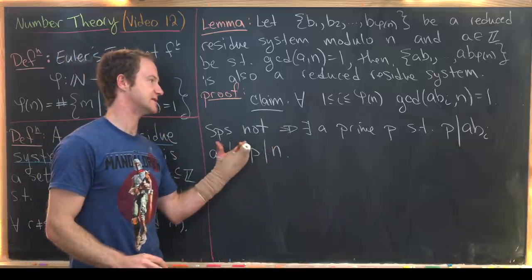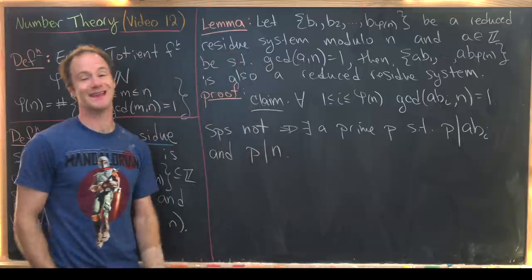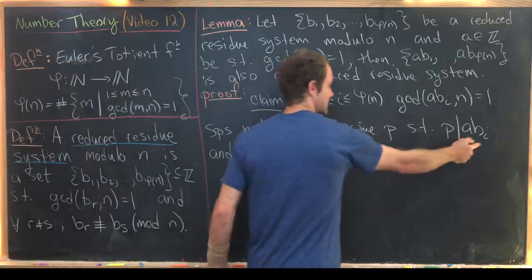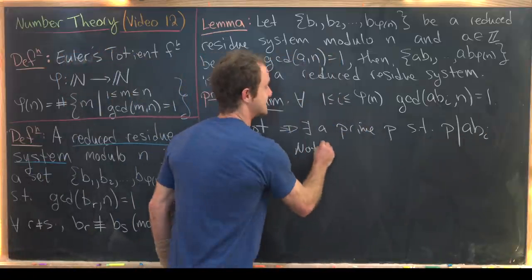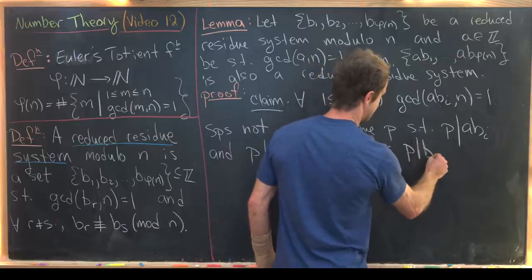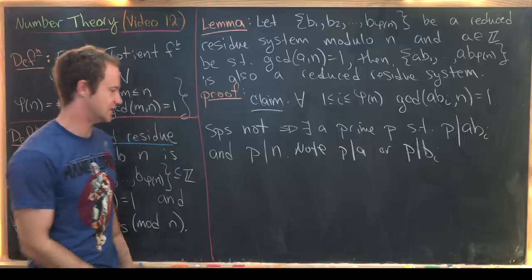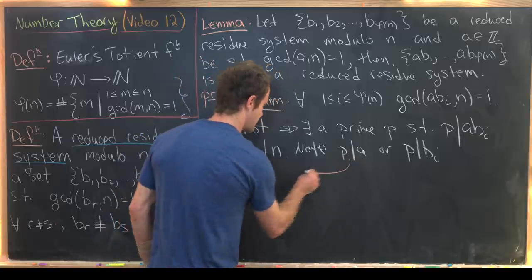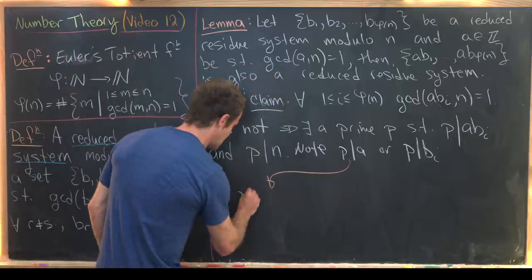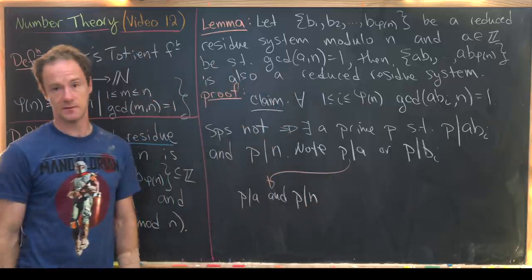So p is a divisor of the GCD, which we're supposing is not equal to 1. But this condition says that p divides a or p divides b_i. Now let's look at those cases individually. If p divides a, then that means p divides a and p divides n.